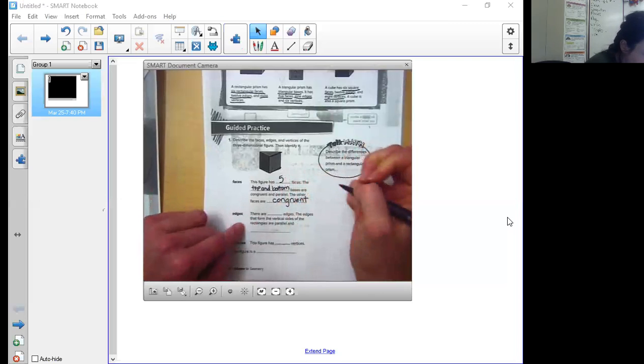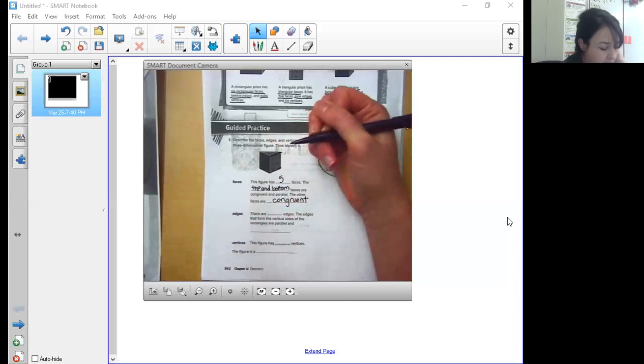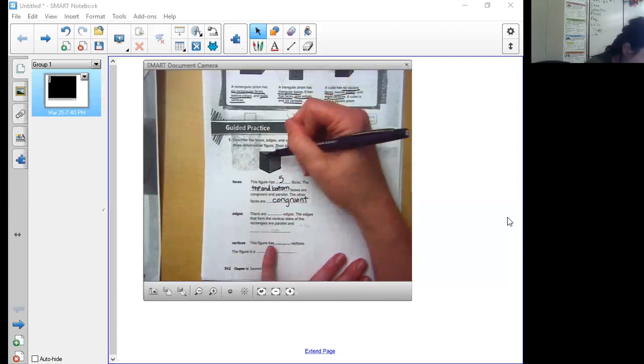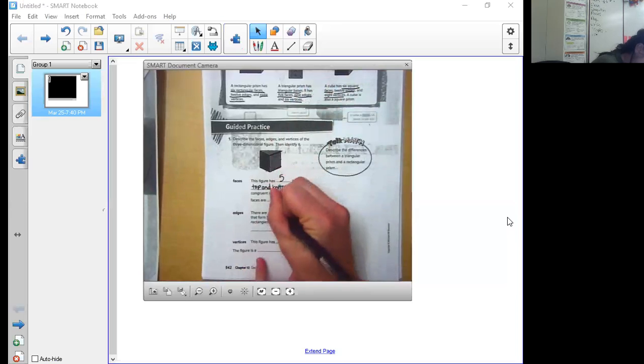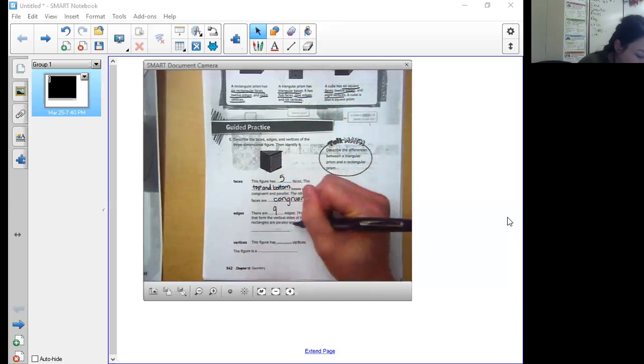Very good. Okay, let's talk about the edges. They're talking about these lines where the faces connect. There are how many edges? Let's look and see. 1, 2, 3, 4, 5, 6, 7, 8, 9. There are 9 edges. Edges that form the vertical sides of the rectangles are parallel.